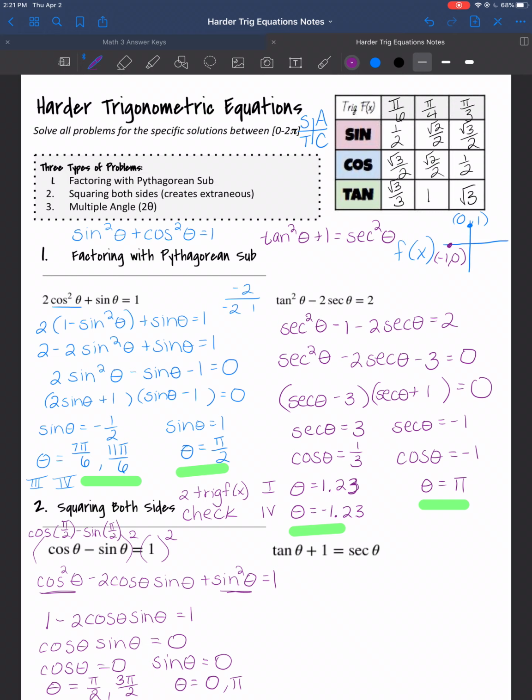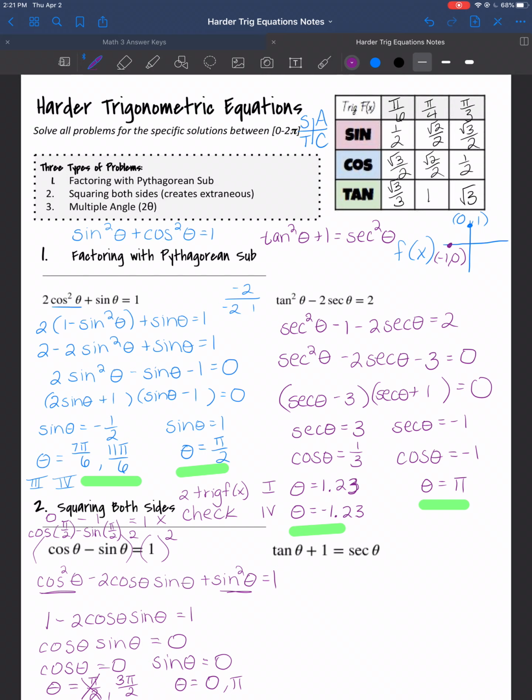Obviously, cosine pi over 2 is 0, minus the sine of pi over 2 is positive 1. So does 0 minus 1 equal 1? No. So this one is extraneous.